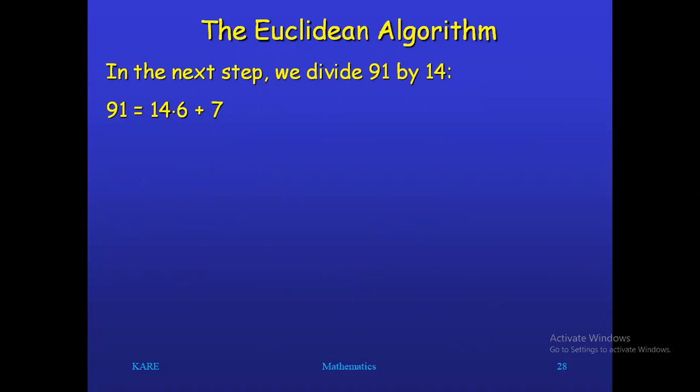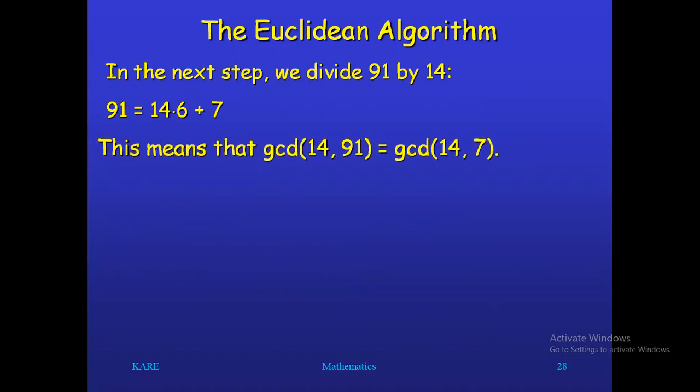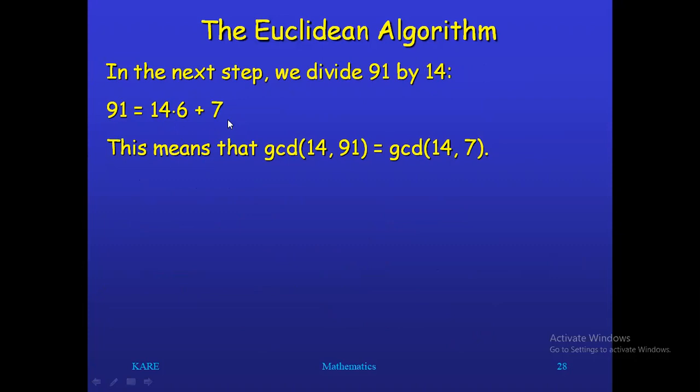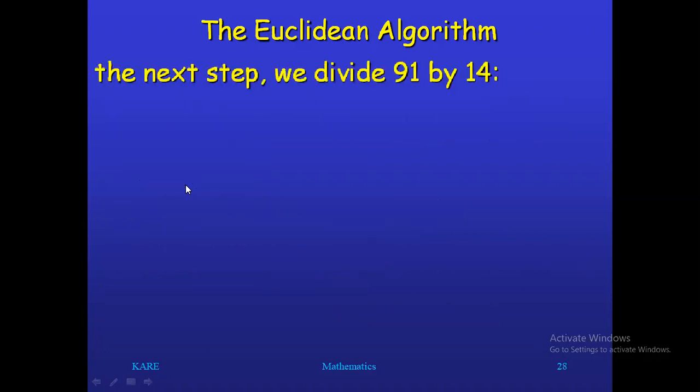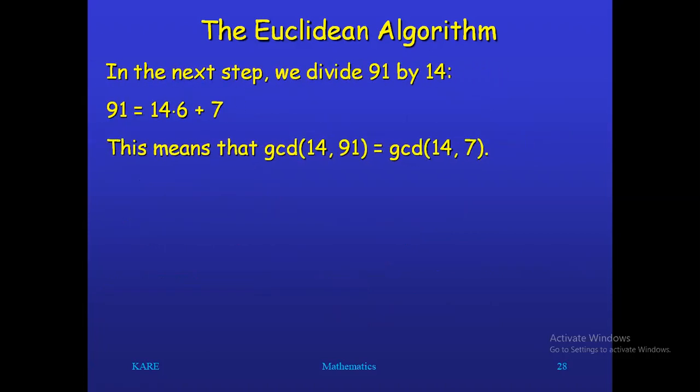Next step, what are we doing? We divide 91 by 14. Again, this process goes on. 91 is equal to 14 times 6 plus 7. This means that GCD of 14, 91 is equal to GCD of 14, 7. In the previous step, we saw GCD of 287, 91 is equal to GCD of 14, 91. The same process continues.